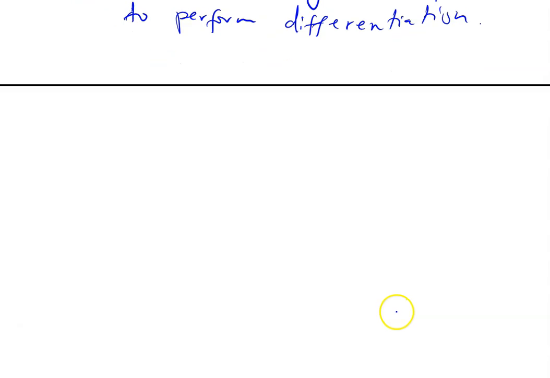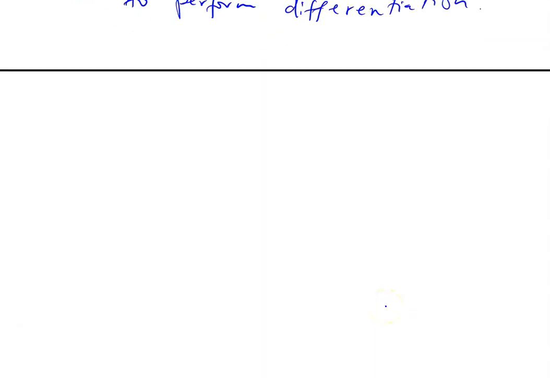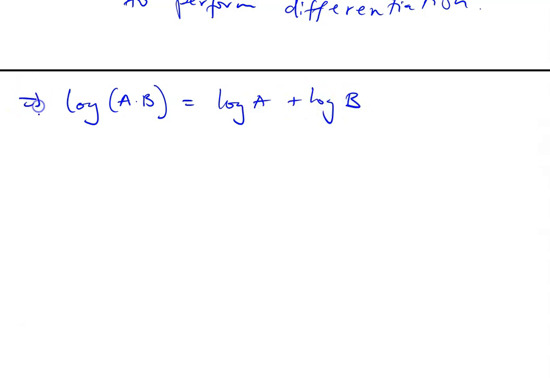But before we move on to the differentiation, let's talk about some log rules. If I have log a times b, it's the same as log a plus log b. This was done in senior high school, so I'm expecting everybody to understand the concept very well.